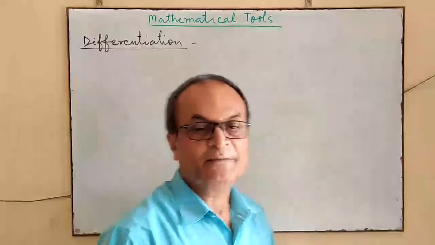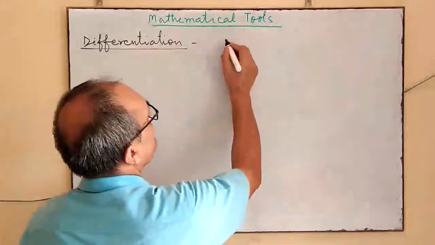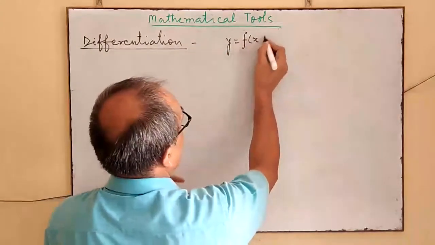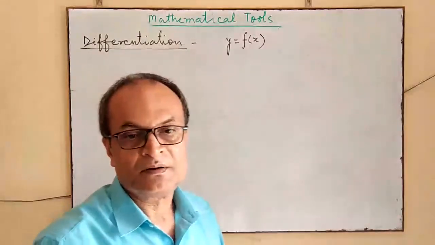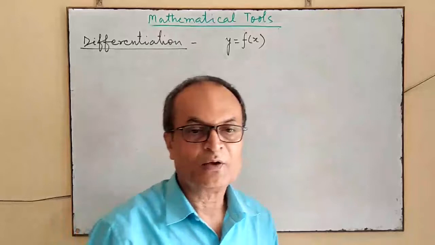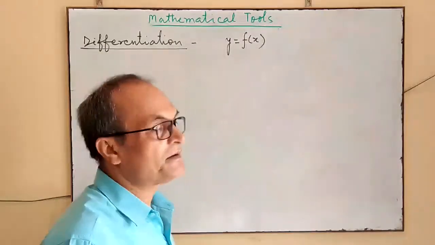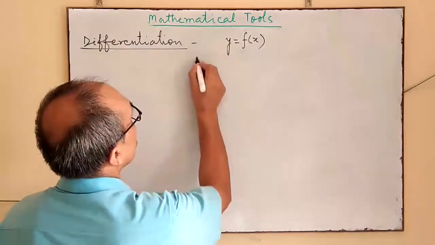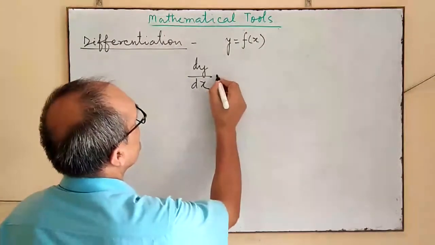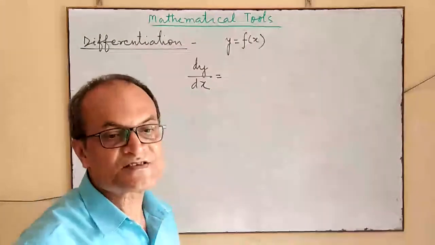So mathematically we can write y equals f(x) at a number x, and we can say here differentiation of y, this is dy by dx.